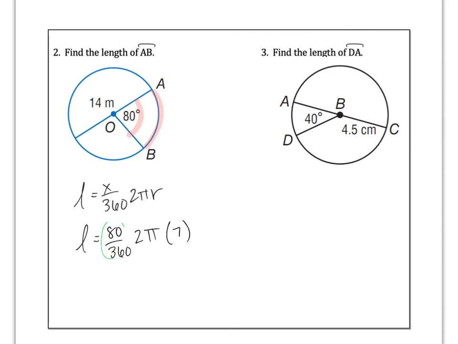Type it in your calculator, and you should get 9.77. So the length of the arc is 9.77 meters. Okay, let's try another one. Will you guys pause the video and try number 3, and then when you're done, unpause the video.